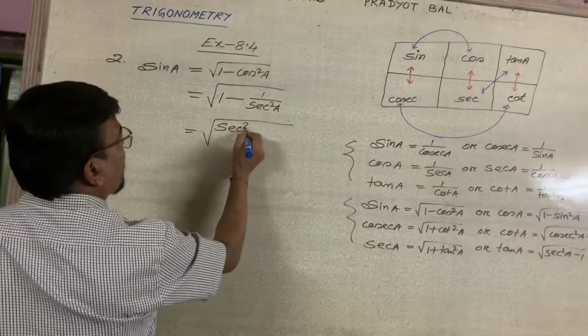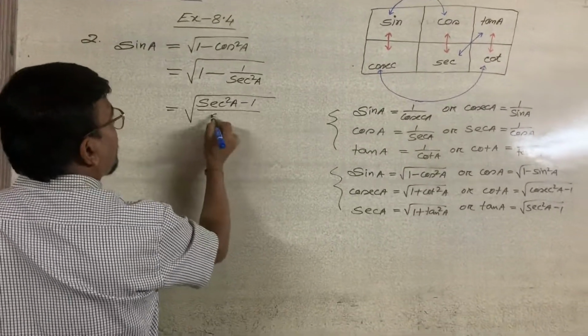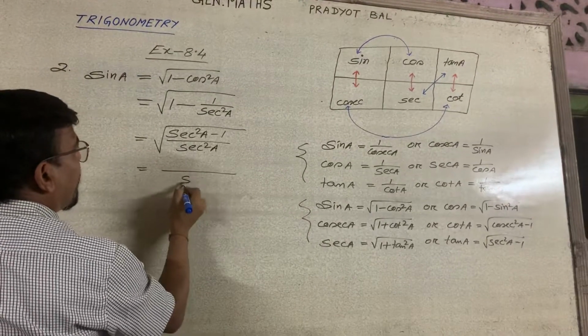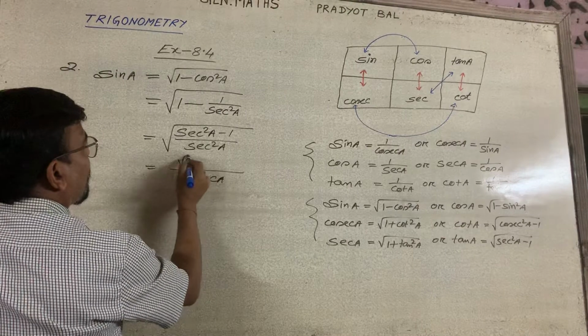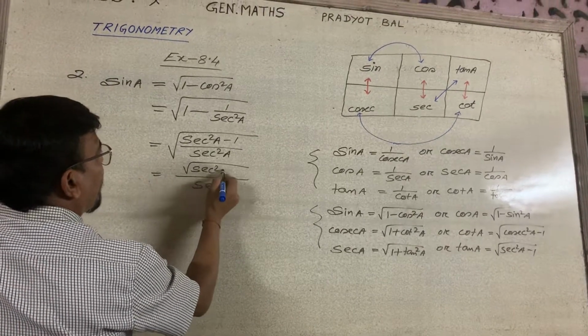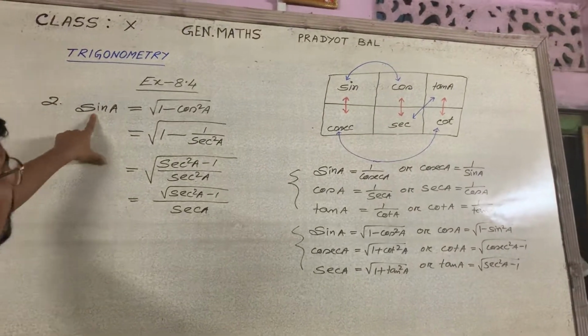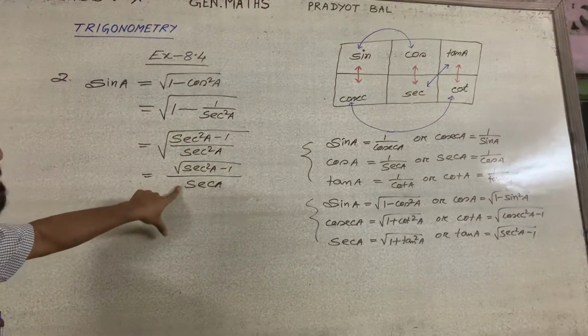It will be sec square A minus 1 by sec square A. And you all know root over sec square A is sec A and numerator is root over sec square A minus 1. That is, we have expressed sine A in terms of sec A.